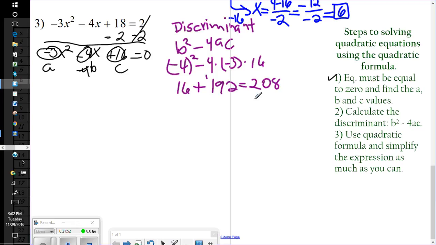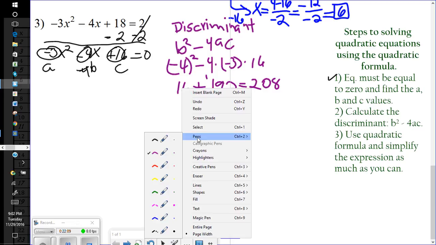Now let's use the formula. For the formula, I'm going to do the following. Hold on, let me change the pen.